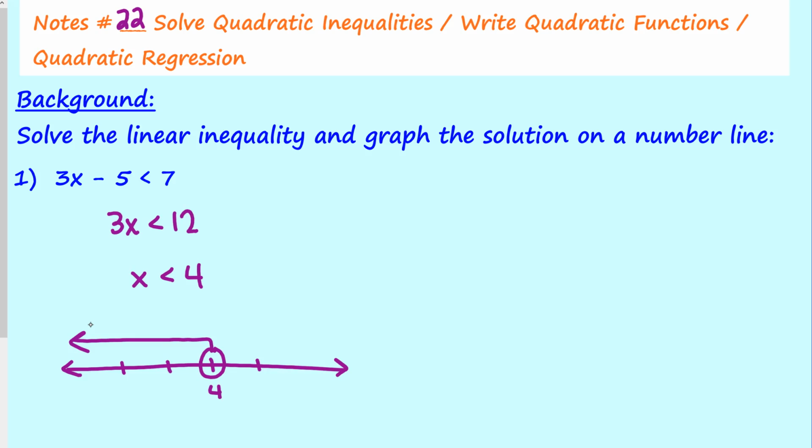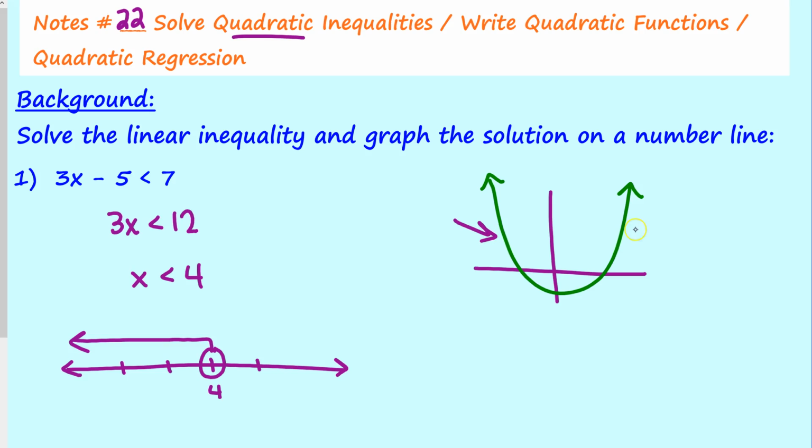Okay, now you need to know that solving a quadratic inequality is quite a bit different. It's not just a matter of remembering one little thing and flipping the sign. Because if you have a quadratic, if you think about this visually, if you have a parabola, and essentially what you want to know is where is it positive or negative, there may be 2 areas where it's positive and 1 area where it's negative, or it could be the other way around, or maybe it's always positive or always negative.